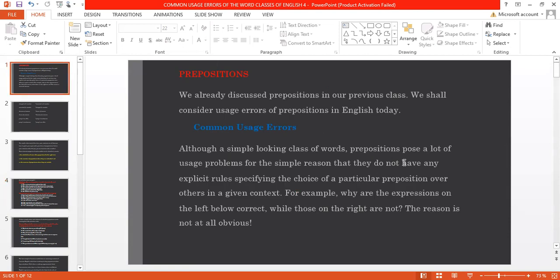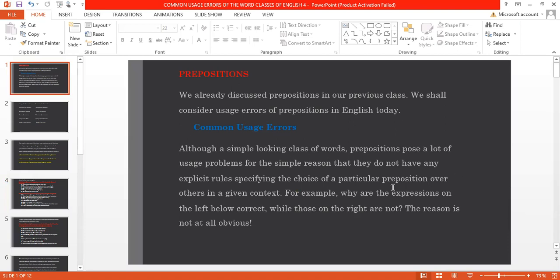Prepositions. As we already discussed prepositions in our previous class, remember I talked about prepositions in the previous class. But today we just look at the common usage errors often encountered in the use of prepositions by students.